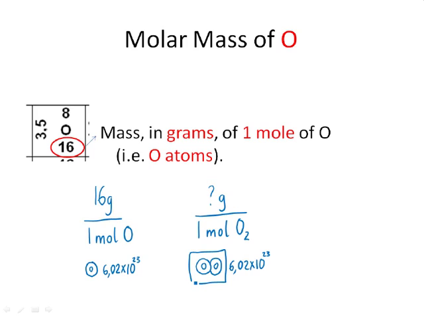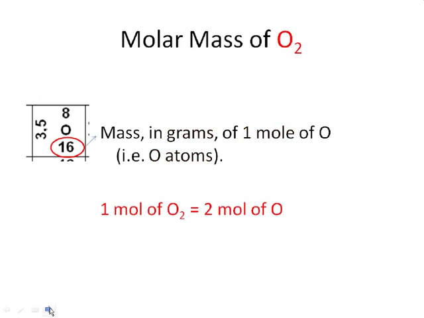So clearly, a whole mole of oxygen molecules cannot weigh the same as a mole of oxygen atoms. 1 mole of oxygen molecules will be 2 moles of oxygen atoms, since there are 2 atoms in every molecule of O2.